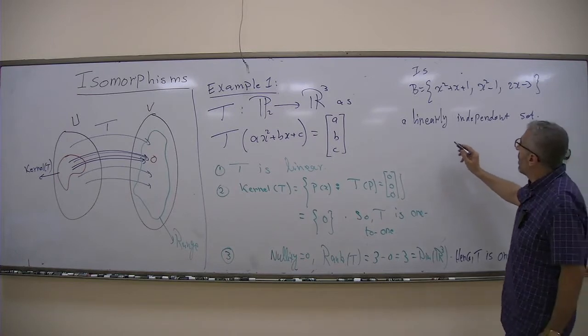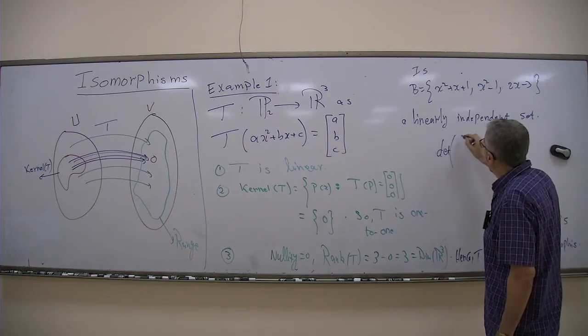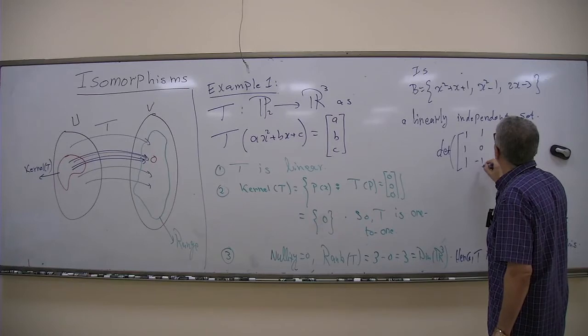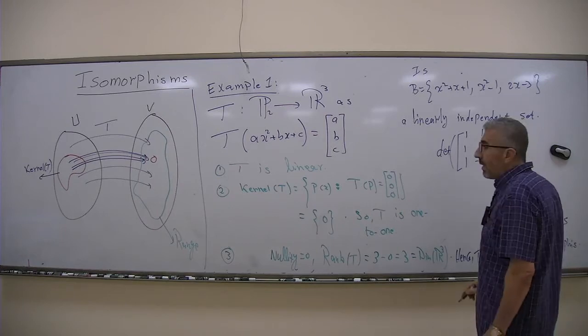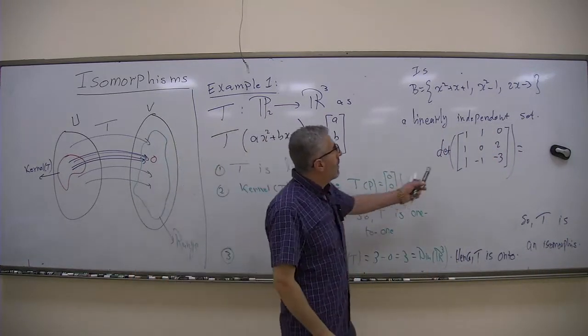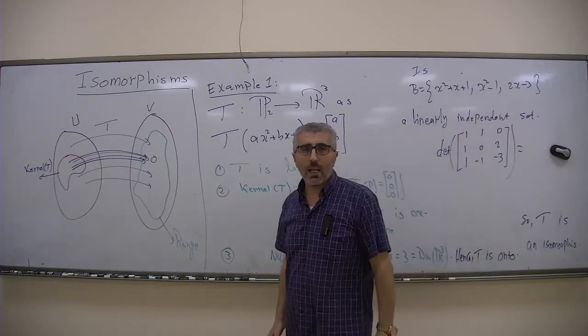I've seen some students take the determinant of this matrix, 1, 1, 1, 1, 0, negative 1, 0, 2, negative 3, and they see whether this determinant is 0 or not. And if the determinant is not 0, they say those three polynomials are linearly independent.